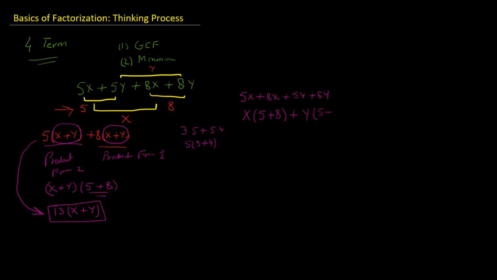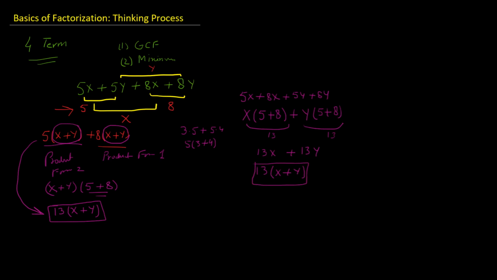We are left with 5 plus 8. Now again we have 2 product forms and we have 5 plus 8 common. So 5 plus 8 is 13 basically. So we have 13x, plus 13y just to simplify. And then we can take 13 common, and x plus y is left inside the brackets, and we get the answer.